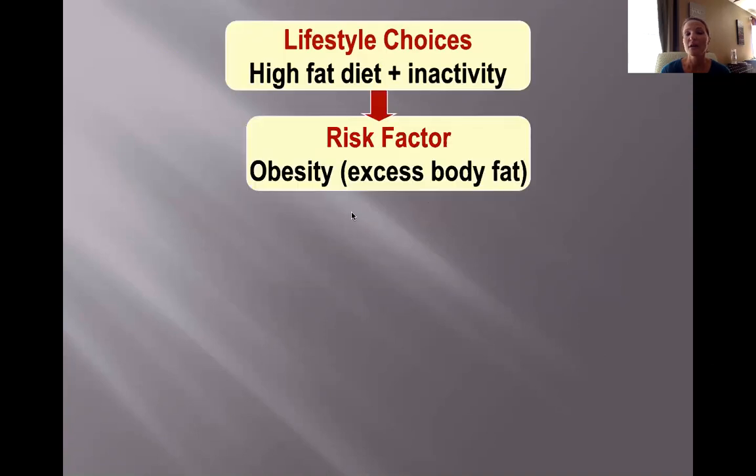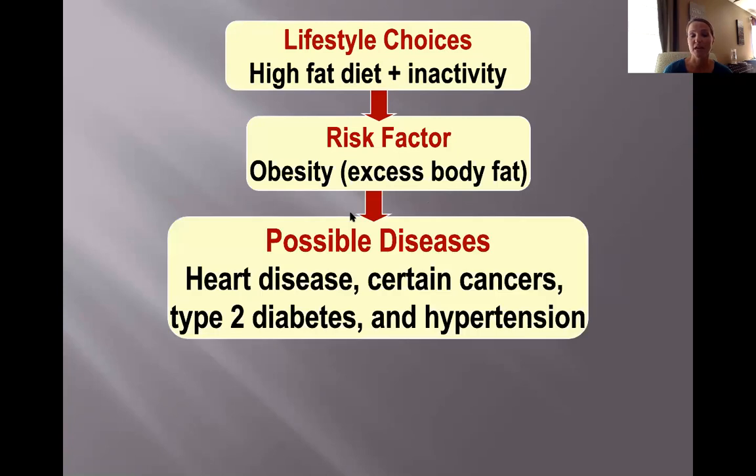If we have a diet high in fat and we're inactive, that increases our risk of becoming overweight or having excess body fat. And because of that, the science tells us it puts us at higher risk for heart disease, certain cancers, type 2 diabetes, and hypertension.